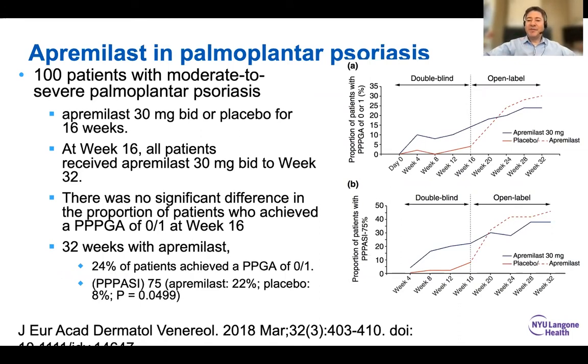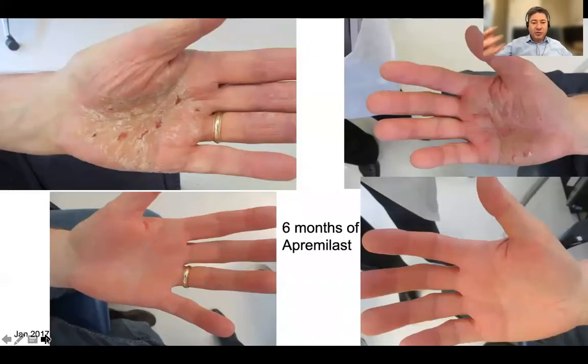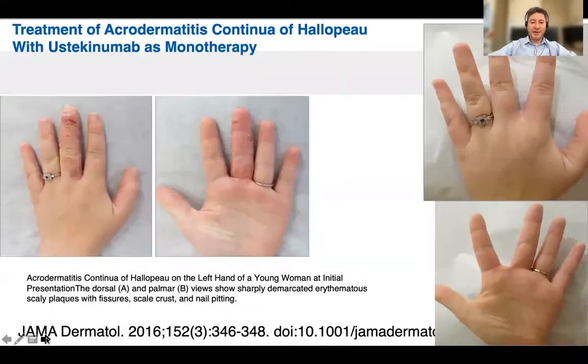But as you might be familiar with apremilast with just general psoriasis, this drug takes some time to have an effect. And it might be a good choice for patients who don't want to go on a biologic drug, want an oral agent. This was a patient of mine on 6 months of apremilast who got nearly clear. He was a limousine driver that really had a hard time holding the wheel for protracted periods of time and felt this really changed his life in a very positive way.